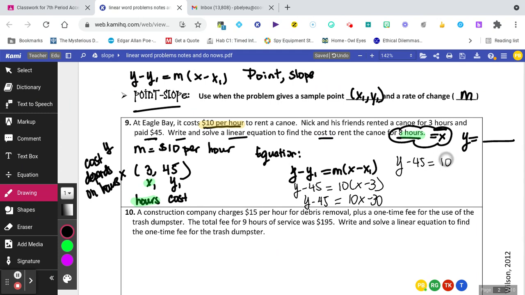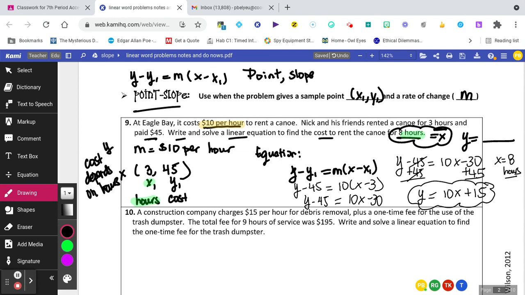To get rid of the negative 45, you just add it to both sides. So you're going to end up with y equals 10x plus 15 for the equation. Okay, that's your equation.